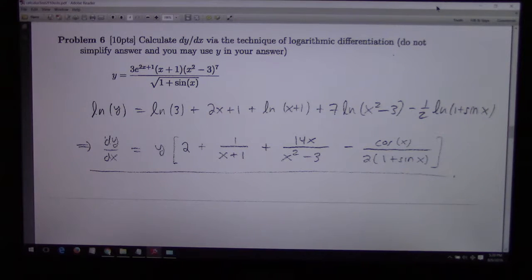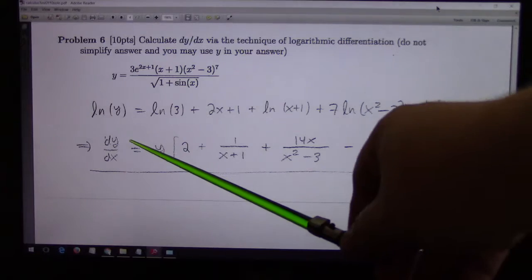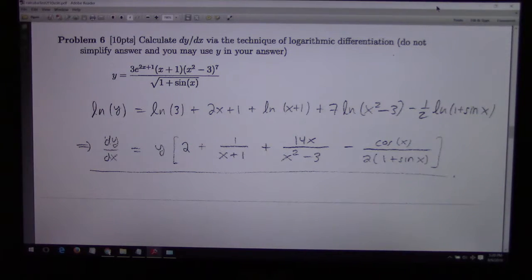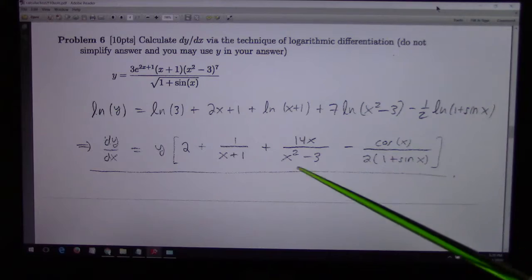Logarithmic differentiation, I haven't talked about, but it is something you should know about, so I encourage you to review it. I haven't talked about it in the nutshell review of Calculus 1 I've been putting together at the moment, but if I was teaching Calc 1, I'd talk about this for several days.